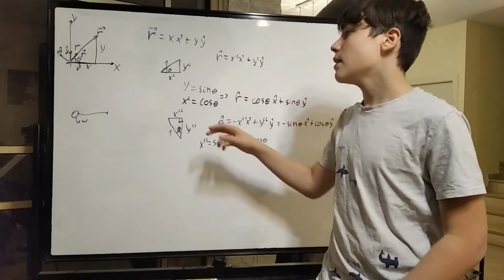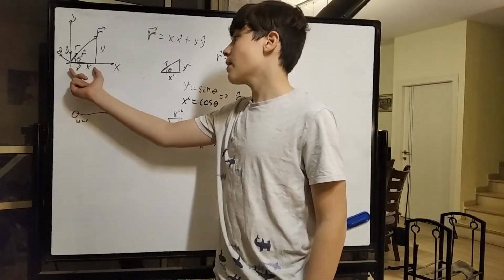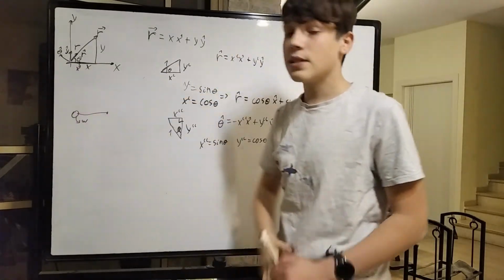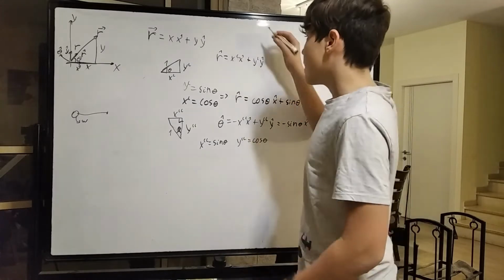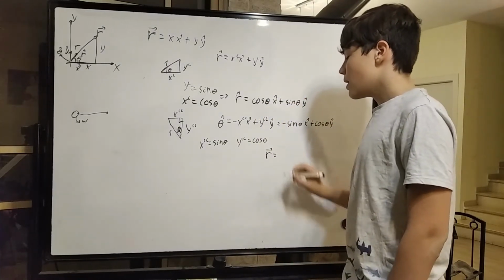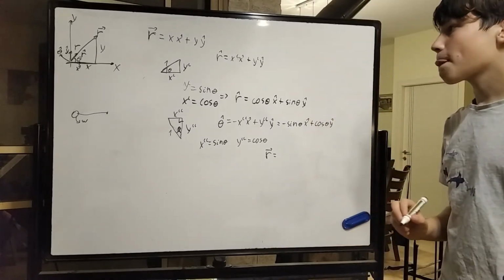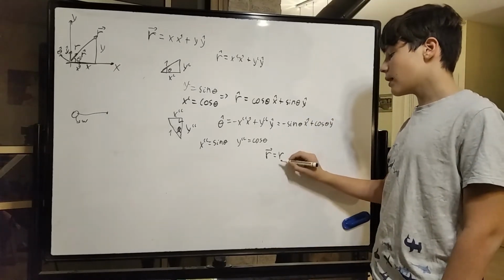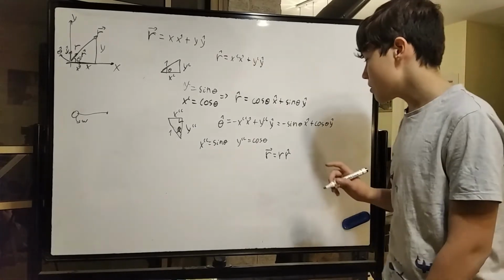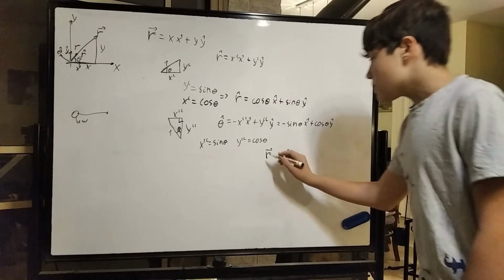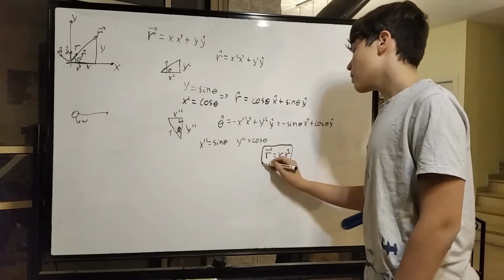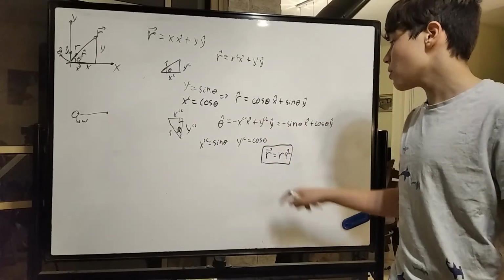Like we said before, this entire thing could be described as x x hat, because the length is x and this direction is x hat. Here, we can say our vector r is just r, which is the length, multiplied by r hat, which is the base vector in the direction of r. And this describes the motion of the particle. Let's say we're talking about a particle, this describes its motion.